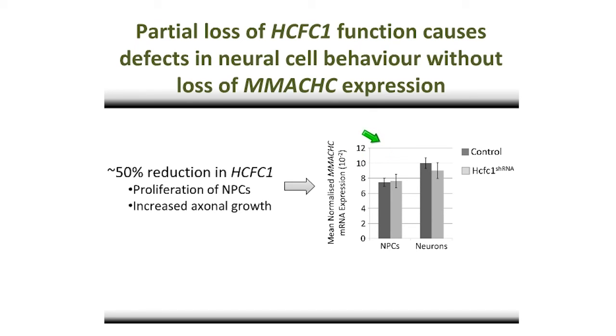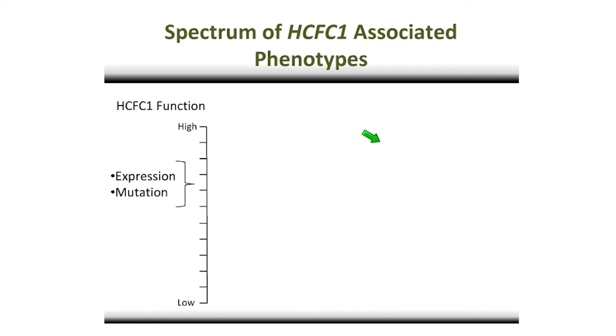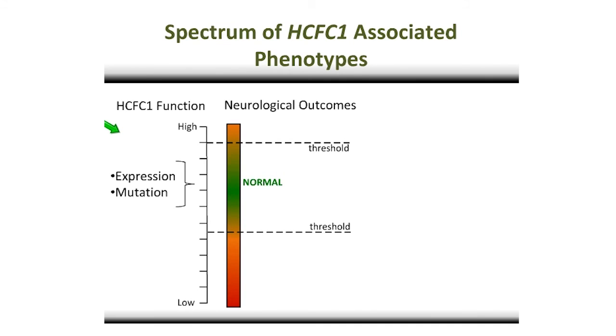So in some instances where the loss of function mutation is not severe enough, you can have a neurological defect without the metabolic defect. And I've summarized this here as a genotype-phenotype relationship: in every individual you'll have a range of HCFC1 function based on expression and mutation. For the neurological features, there are two thresholds. When we have overexpression, as we saw in the non-coding variant, you get mild ID.